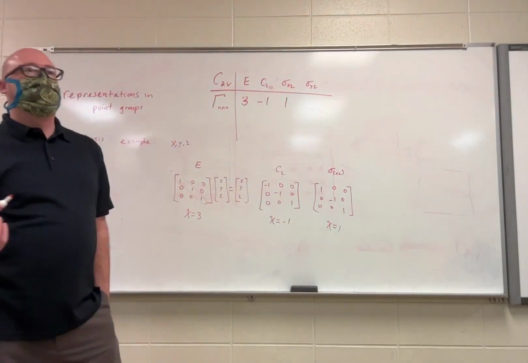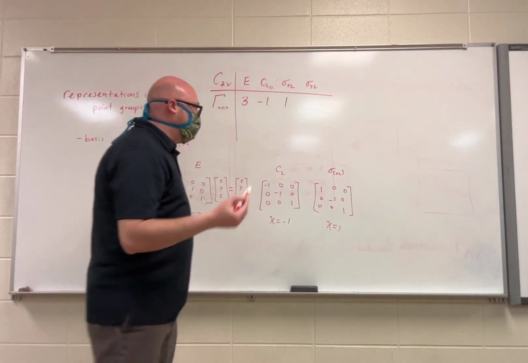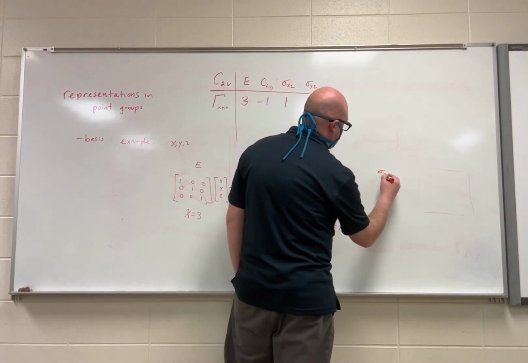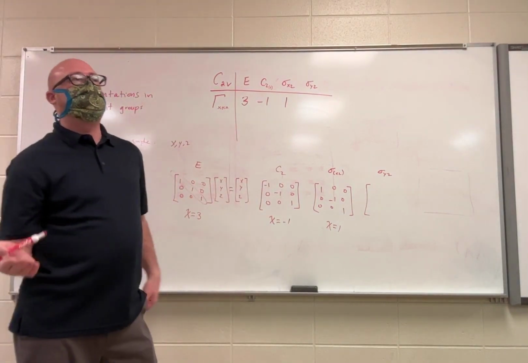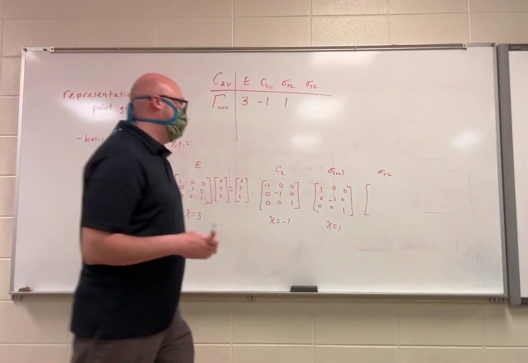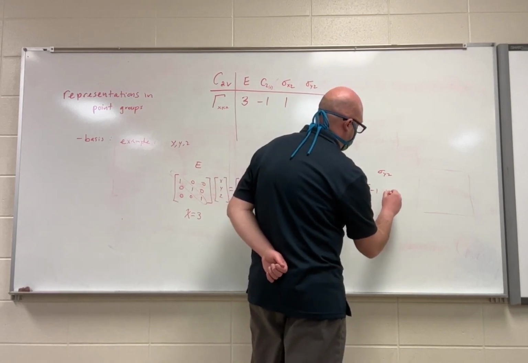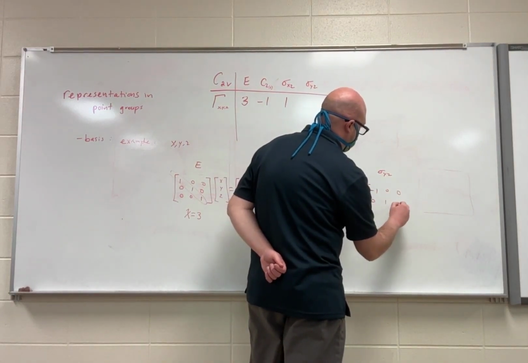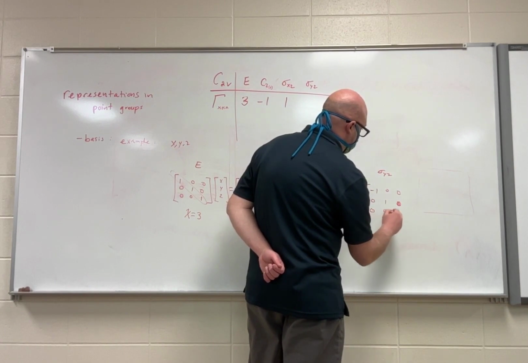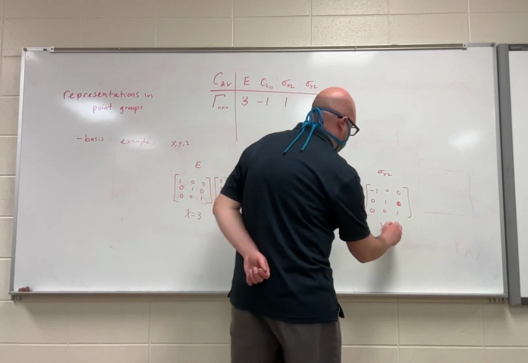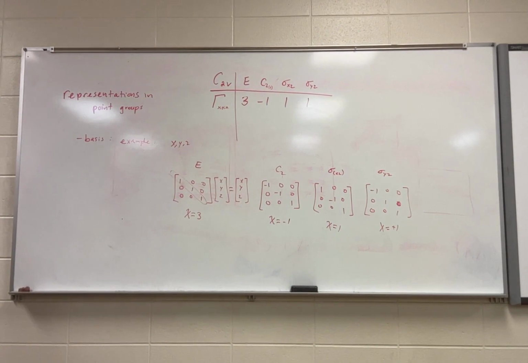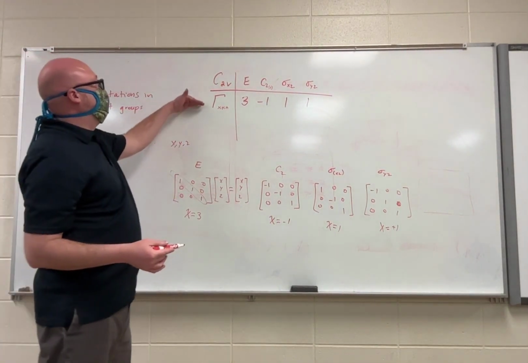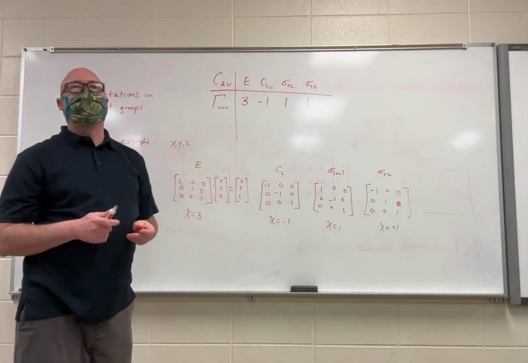And then I work out the transformation matrix for sigma yz. And now y and z are unchanged, but x is reflected to its negative. And then chi should be +1 again. Okay. So we've now created a representation within this point group C2V.